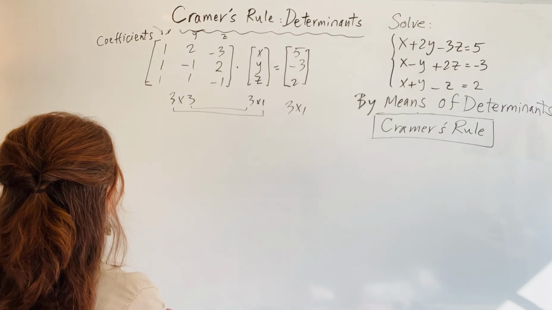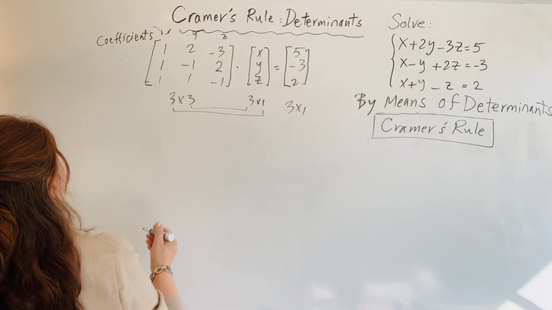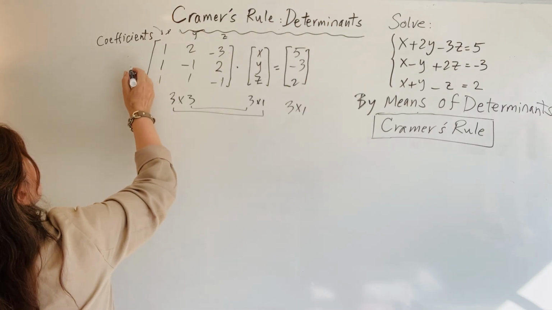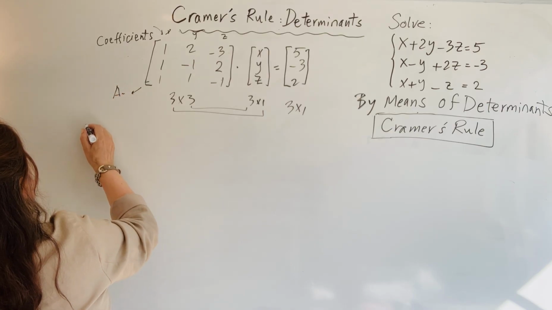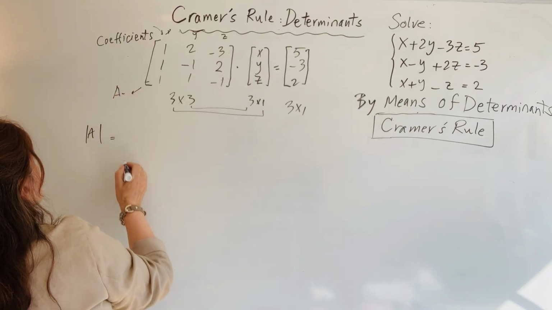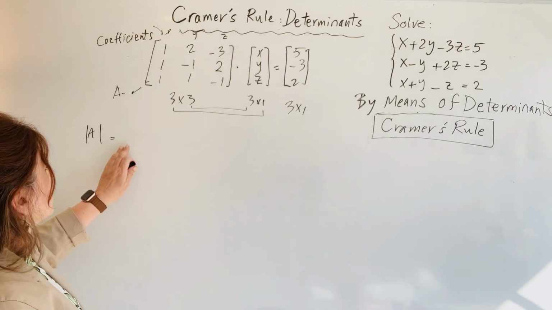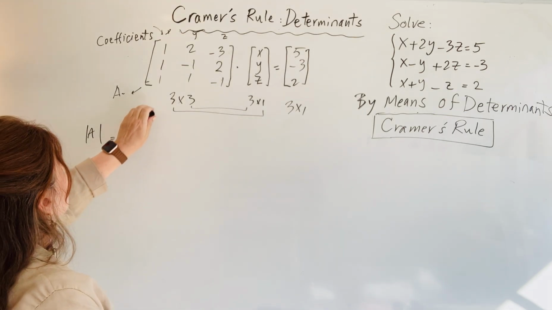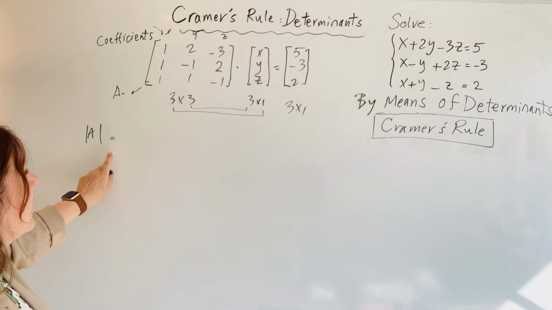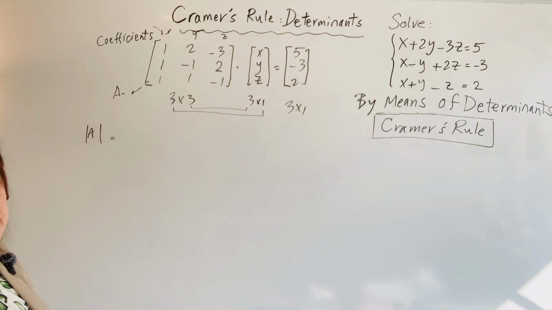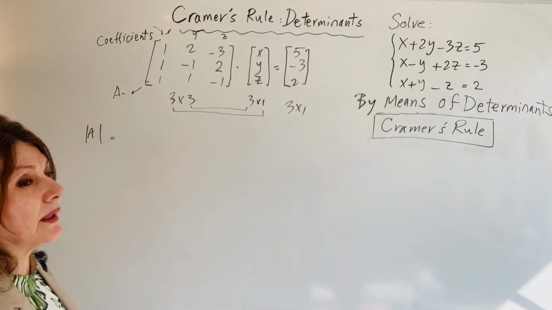Okay, we need to find the determinant of this matrix, which we call A. What is the determinant of A? We need the determinant of A and two more 3 by 3 matrices.